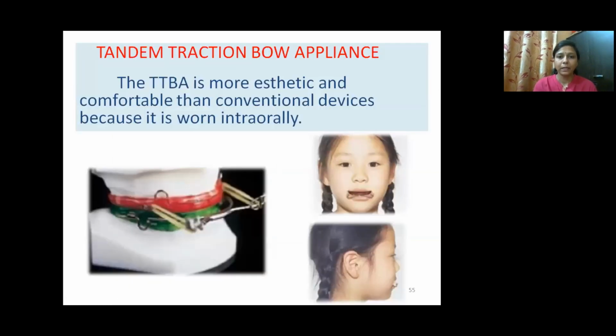The next appliance is a tandem traction appliance. It is more aesthetic and comfortable than the reverse pull headgear, because it is worn intraorally. There is no big extraoral assembly as we have seen in the reverse headgear.